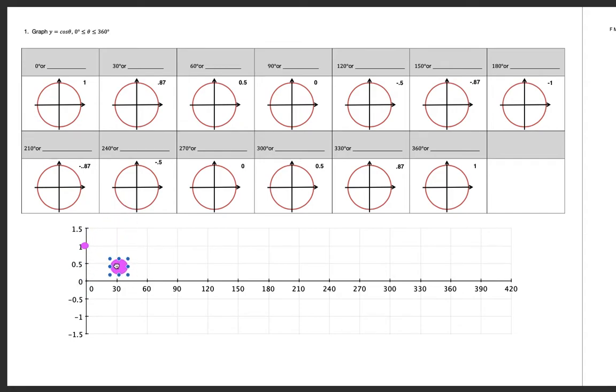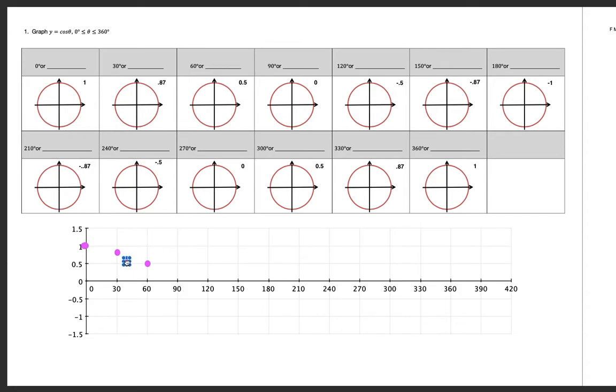So at 30, we are at 0.87. So that's like right here. Wow, my circles just keep getting sadder and sadder. I'm sorry, guys. That's definitely at 0.87. And then at 60, it's 0.5, so it's right here.